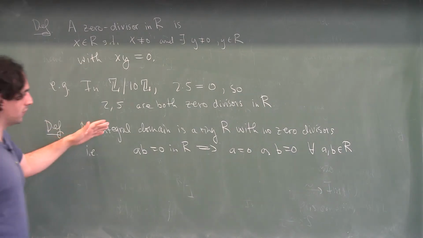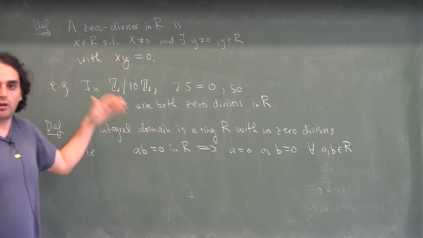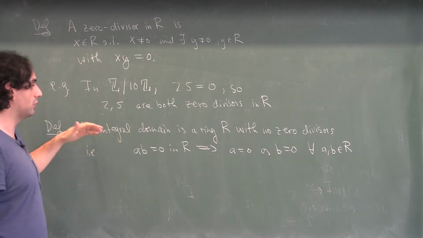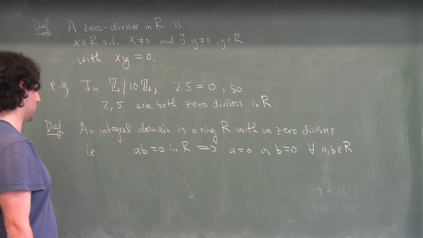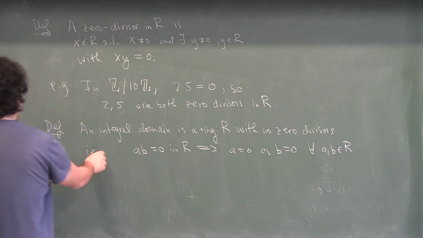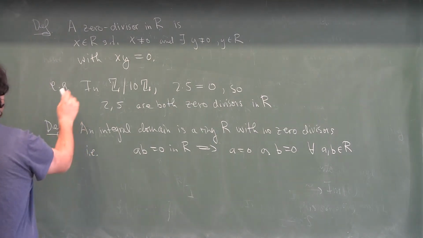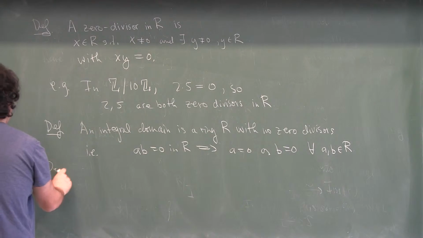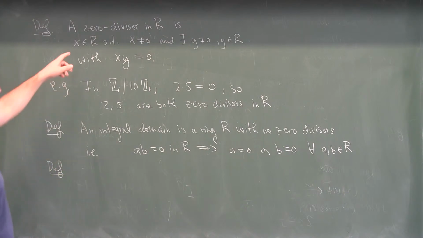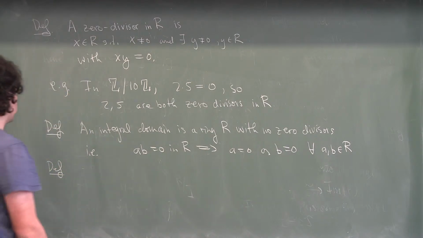So most of the rings, other than Z mod NZ, all of the rings that we will look at will be integral domains. But I do want to mention that there is another type of bad element that is even worse than zero divisors.